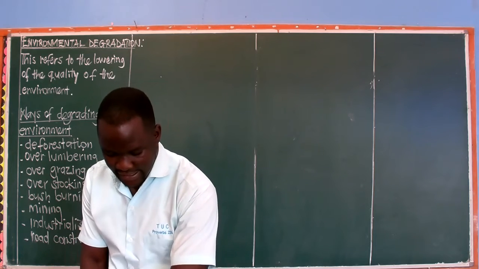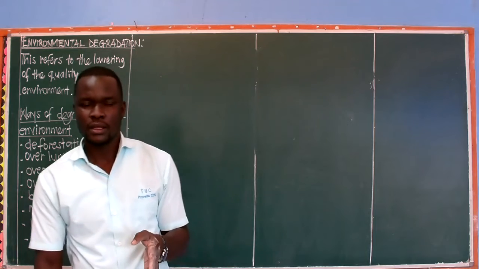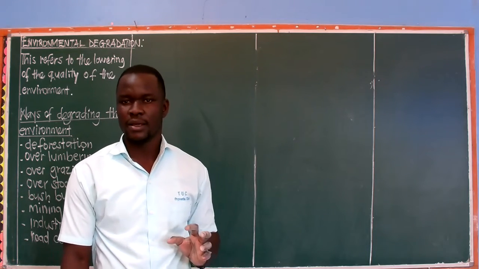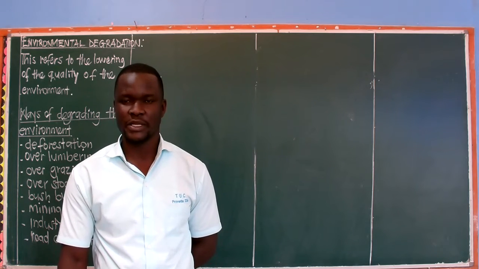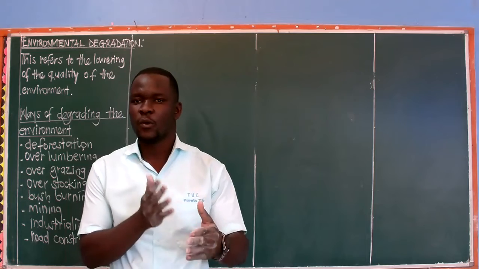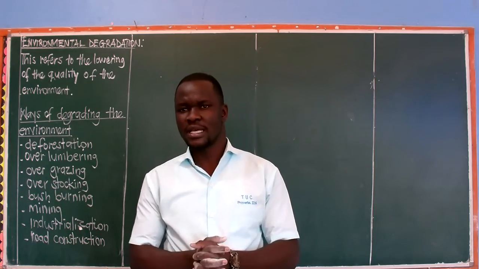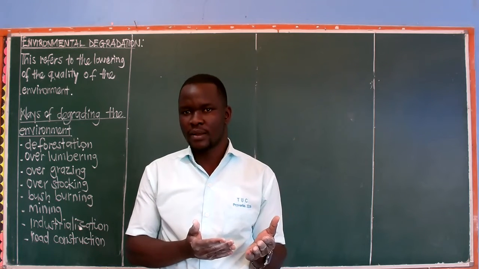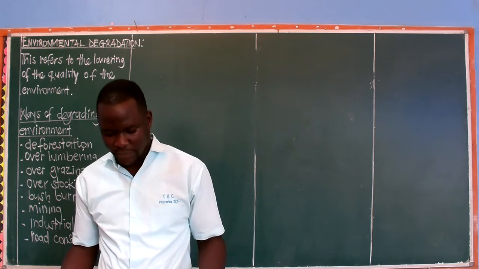What are the effects? Number one, when we keep on cutting these trees down, these trees that would help in rain formation, remember, which means now the area will remain without rain being experienced, and the area will begin experiencing desert conditions. That's why we say it brings desertification. Then number two, it leads to soil erosion.